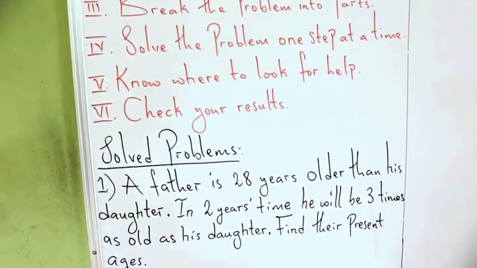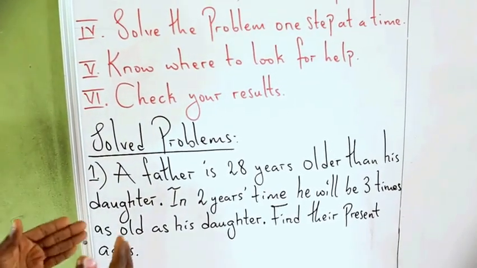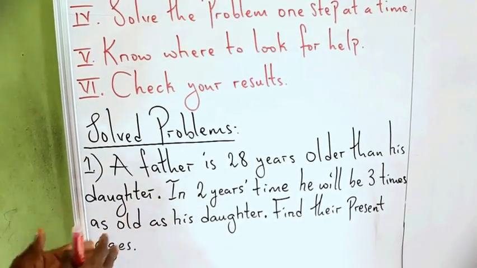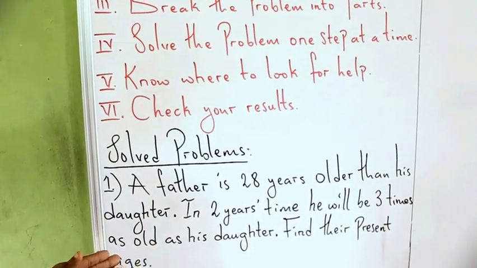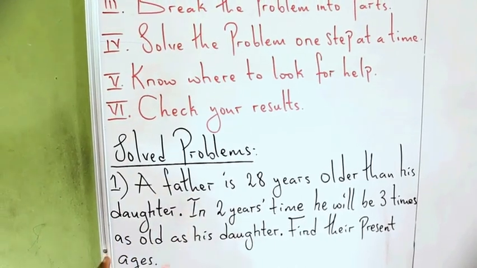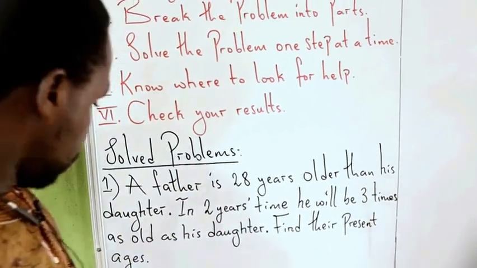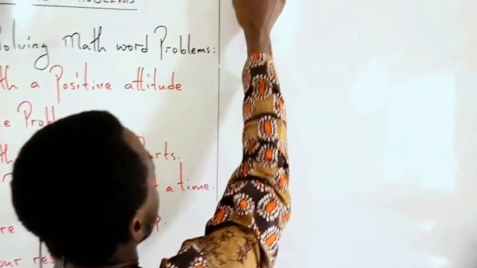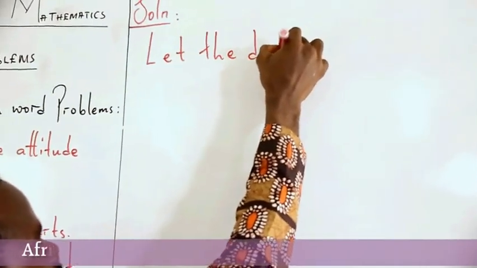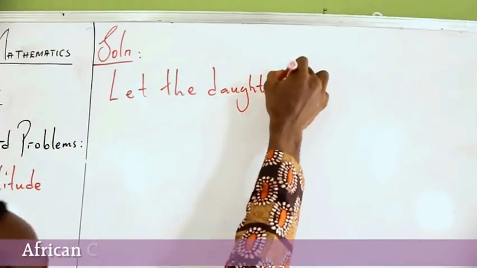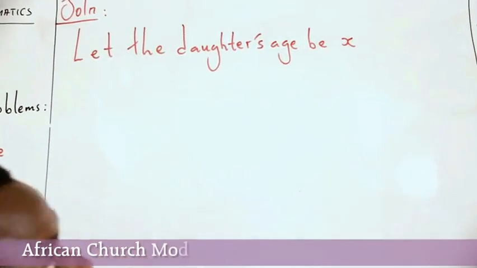So our first step is to define some variables. We are going to define the age of the daughter using the variable x. Then we assume that the father's age will be the sum of 28 and x. So let's do that quickly. I begin by saying, let the daughter's age be x.